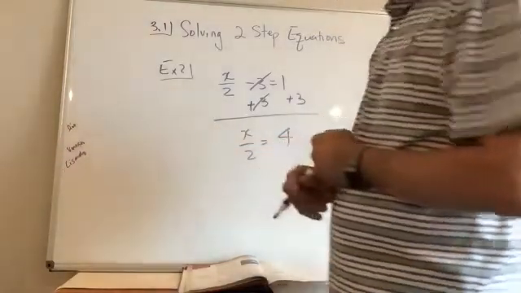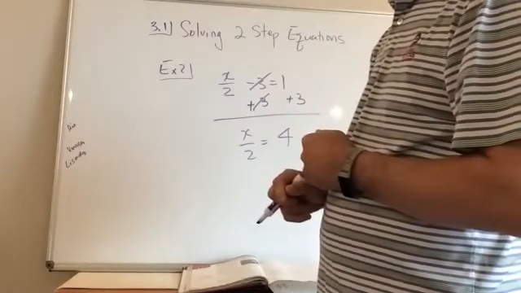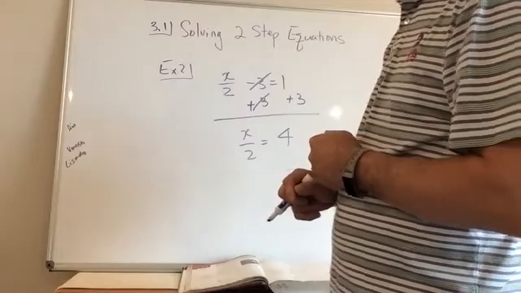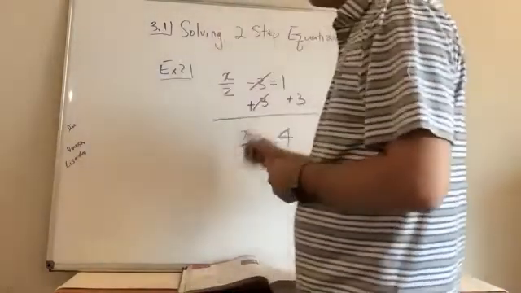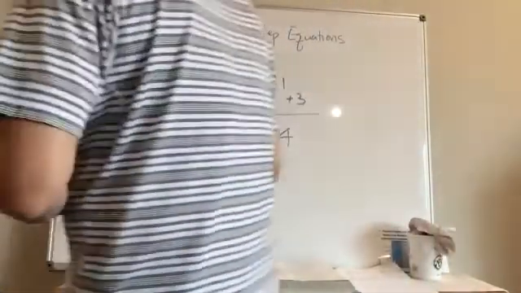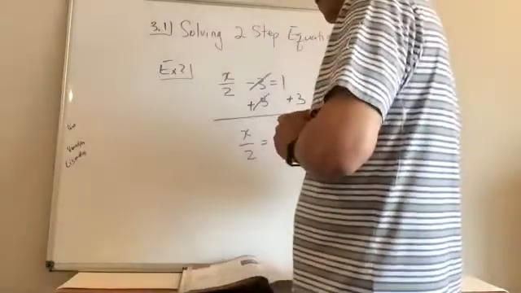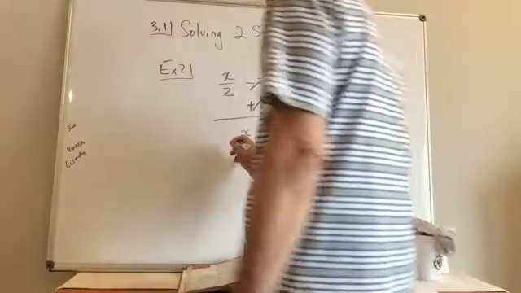How would I solve for x? What number divided by 2 is 4? Multiply each side by 2. So you multiply each side by 2, right?